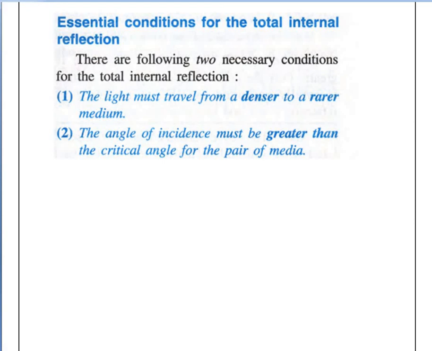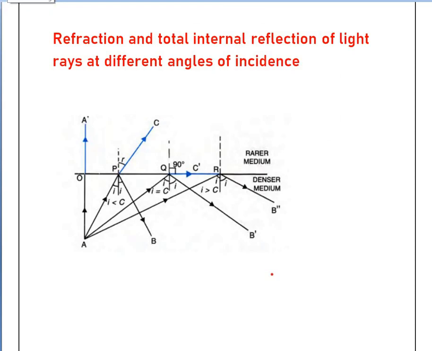Now go to the next topic, refraction and total internal reflection of light rays at different angles of incidence. So this figure shows the refraction of light rays from a point source A kept in a denser medium to a rarer medium at different increasing angles of incidence.